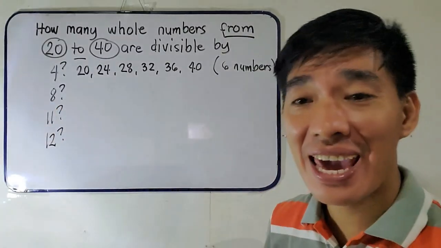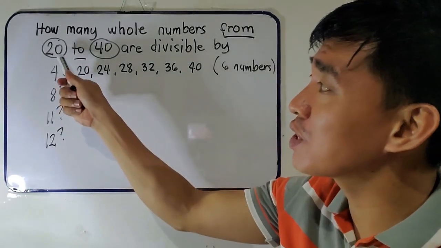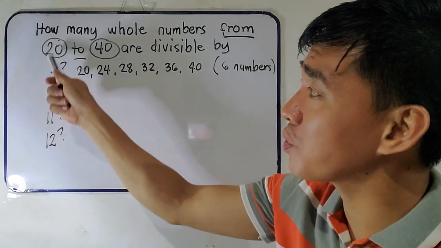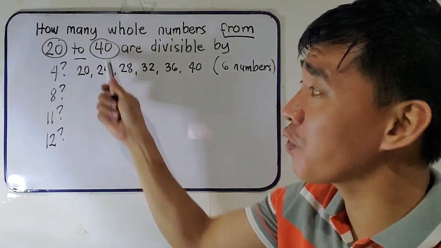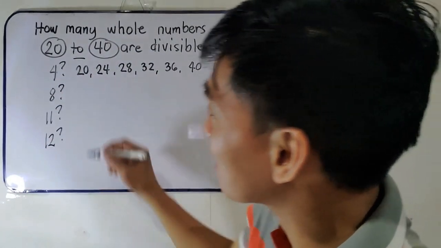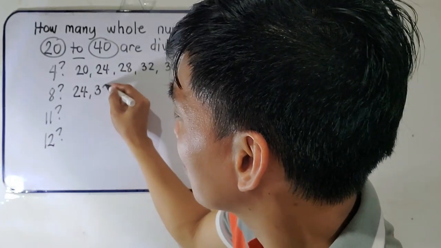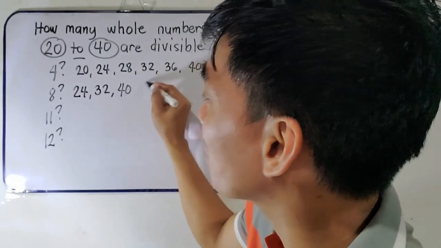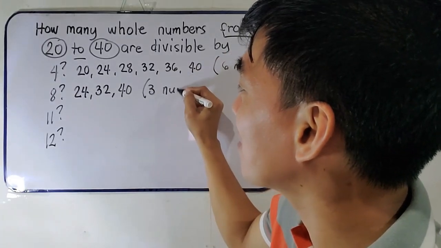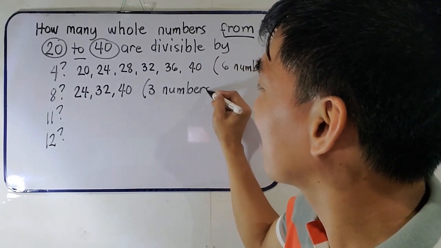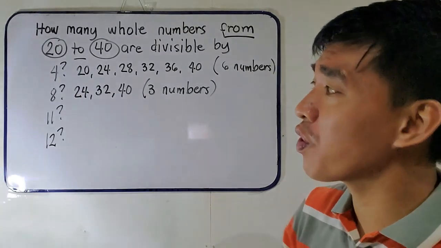How about by 8? So the numbers which are divisible by 8 from 20 to 40 are the following. Let's start with 24, 32, and 40. So we have 3 numbers. And how about for 11?